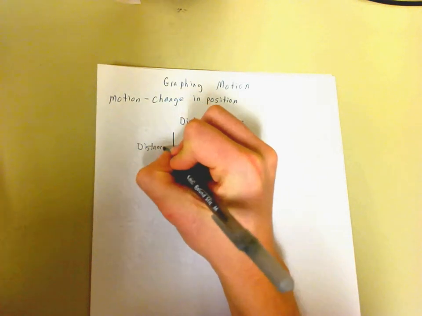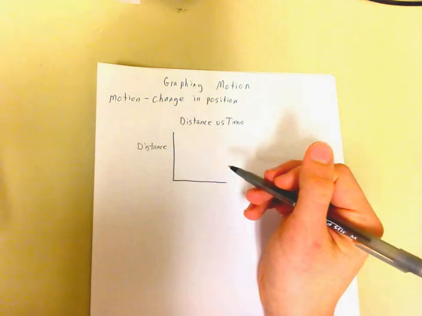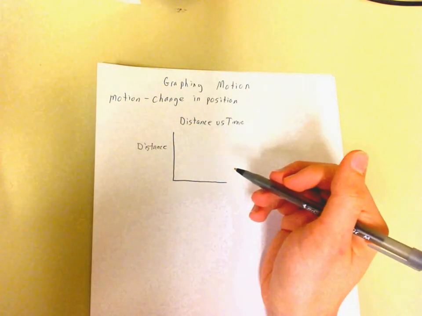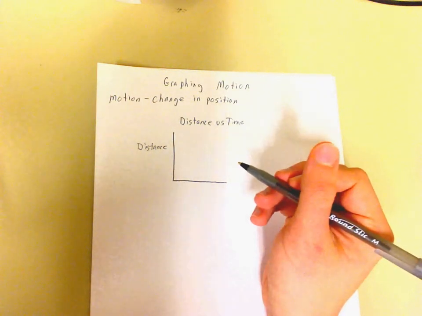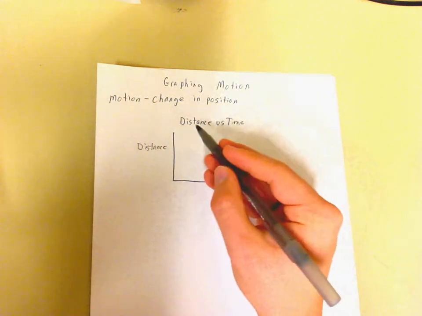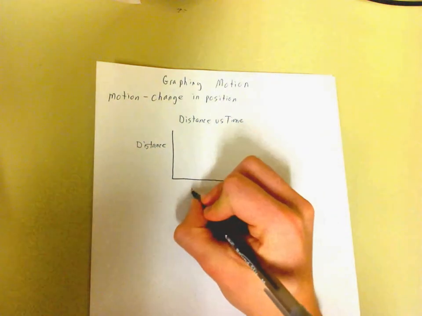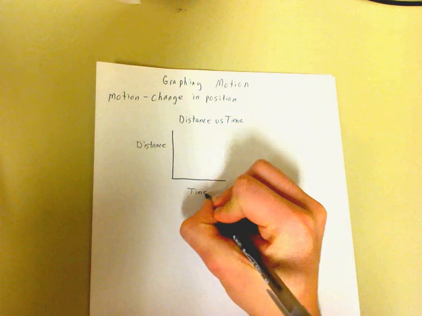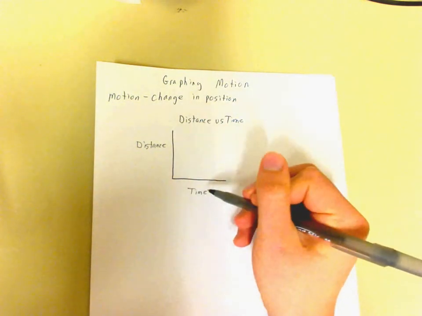So this is distance. If you go back a little bit, I remember that the y-axis is our dependent variable. And you're right. Here too, distance is the dependent variable based on what's changing, which is the time. Okay, so we have our distance and our time.